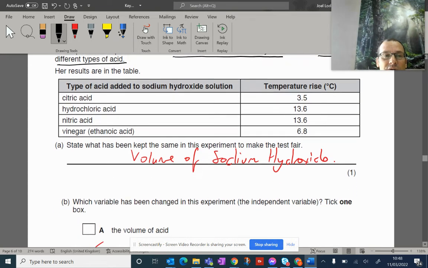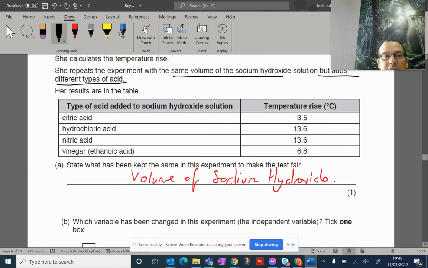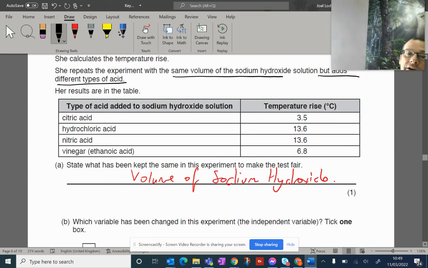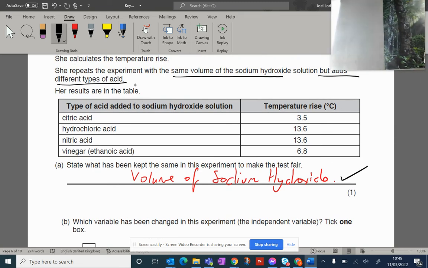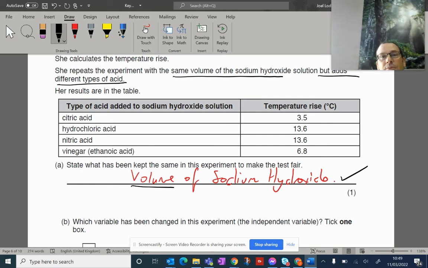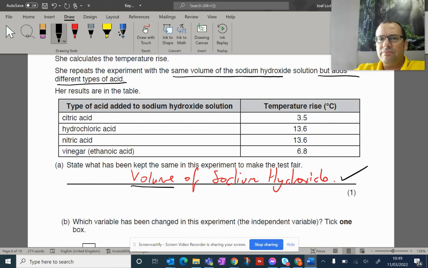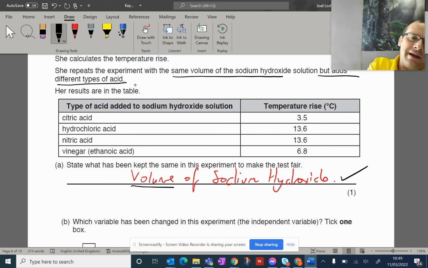So let's have a look at the questions. What has been kept the same in this experiment? The volume of sodium hydroxide. A lot of people are putting amount. I don't want to see that word at all.